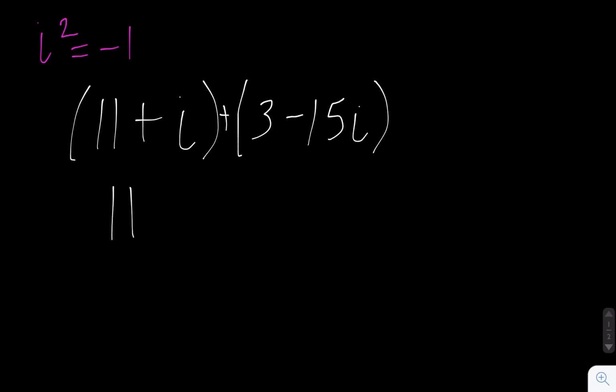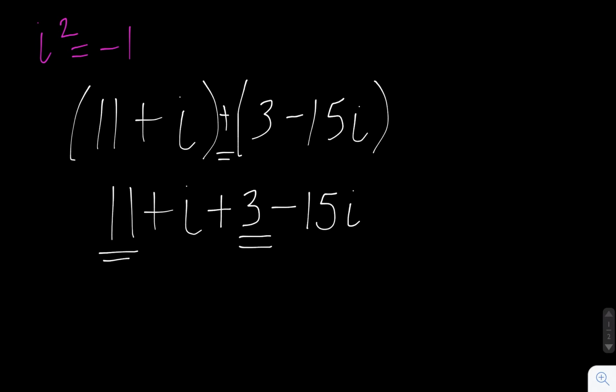So this would be 11 plus i. Since this is a plus here, we're really distributing just a positive one. So nothing, the signs will not change in the second parenthesis. So this will just be plus 3 and a minus 15i. So what do we have to do? Combine like terms. So let's start with our constant terms, our real numbers.